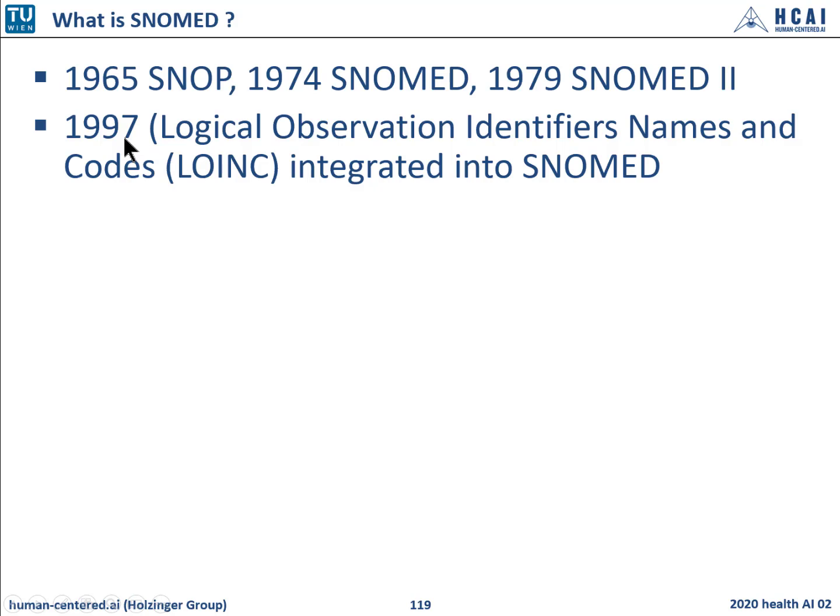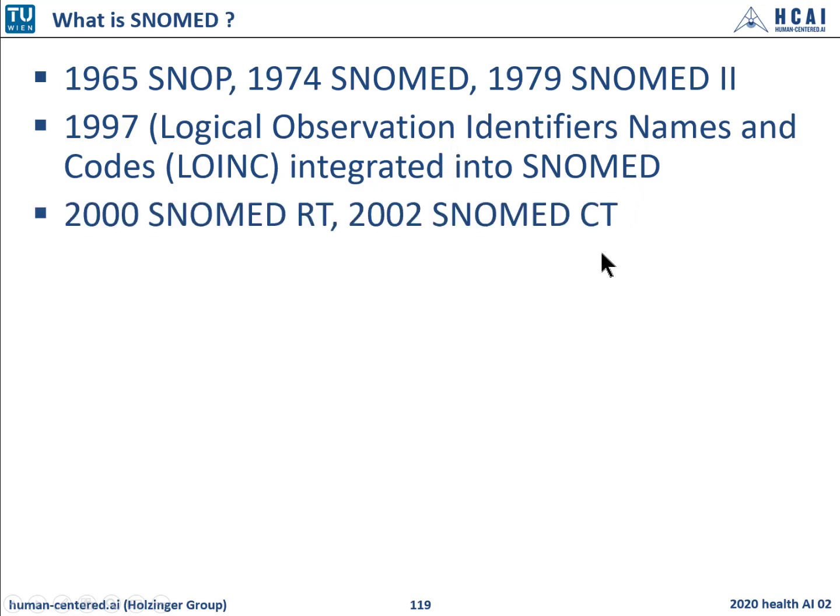In 1997, we had the Logical Observation Identifiers Names and Codes integrated into SNOMED. In 2000, we had SNOMED RT, research terms, and the clinical terms in 2002. So CT means clinical terms.